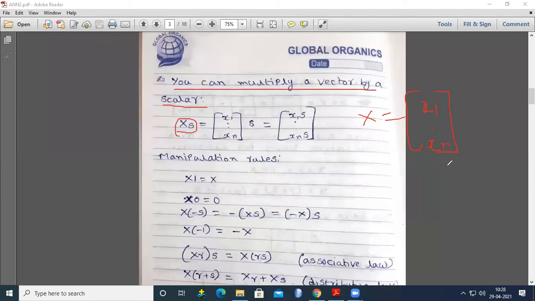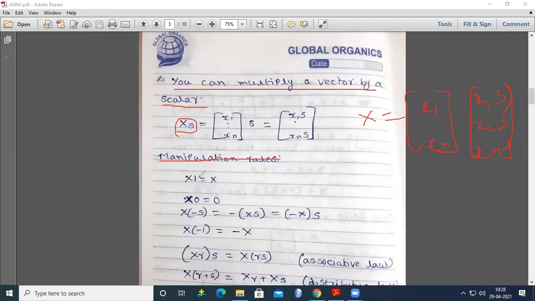So this equals x1 into s, x2 into s, and so on, xn into s. This is called vector multiplication. So these are the multiplication rules.